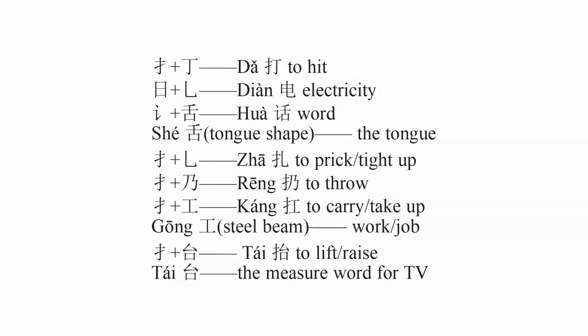The hand side plus the heavy steel beam is to carry, to take up. And we know that 工 is the work, the job. Next one, 抬. The hand side plus the tall brick house is to lift, to raise. The right part of 抬 is also called 台. That is the major word for television.